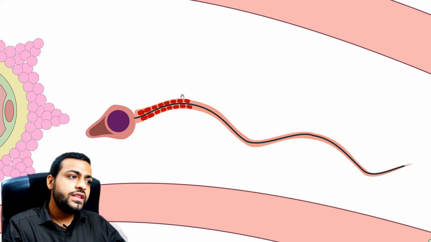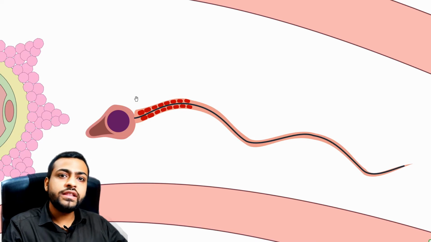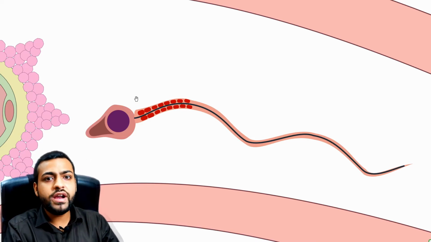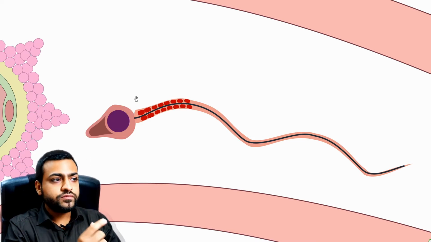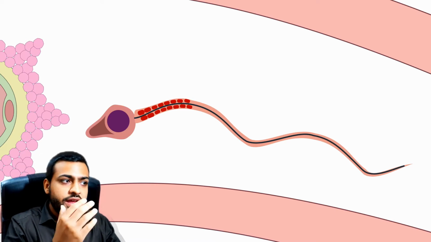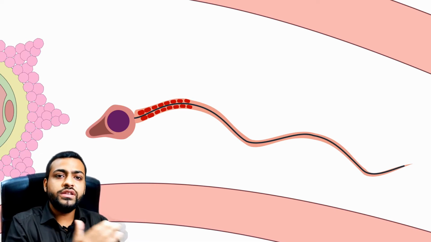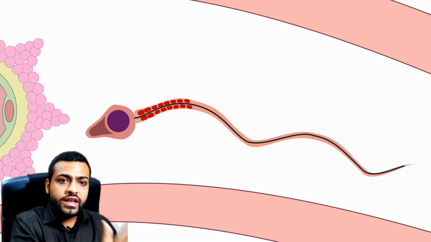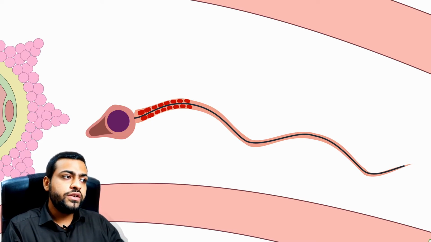Along with that, at the base of the tail it is also provided with lots of mitochondria that surround this axoneme, right, to provide energy for this voyage, for this traveling. It needs energy, and that is provided by mitochondria.